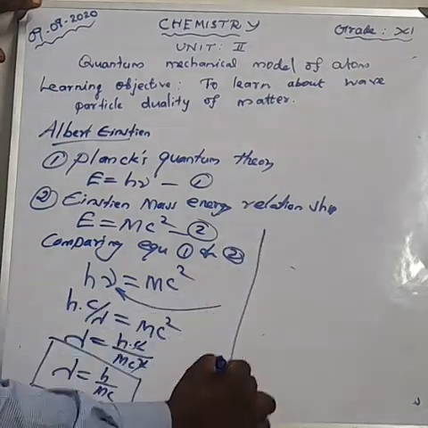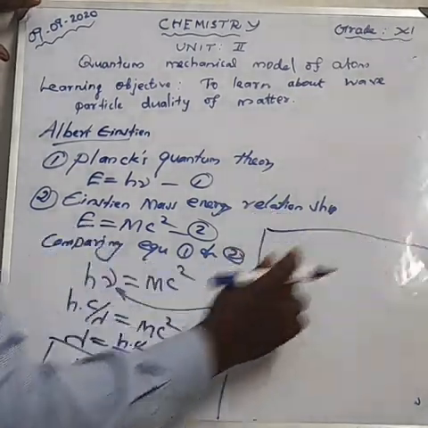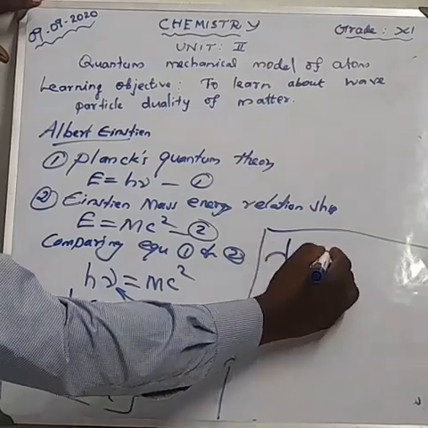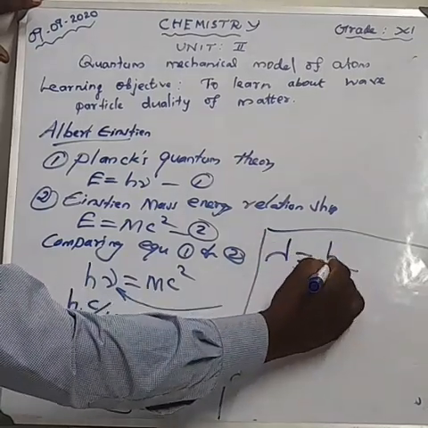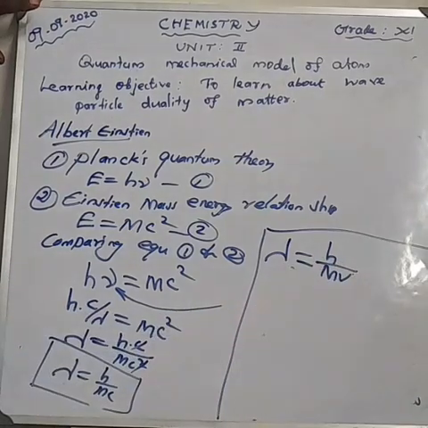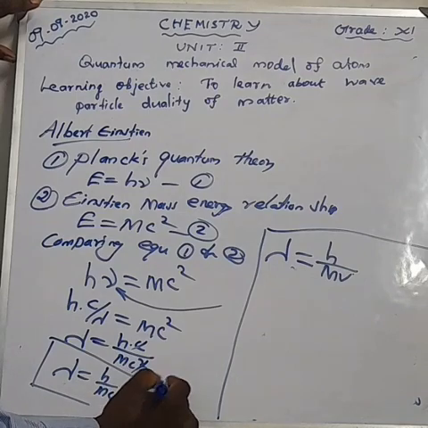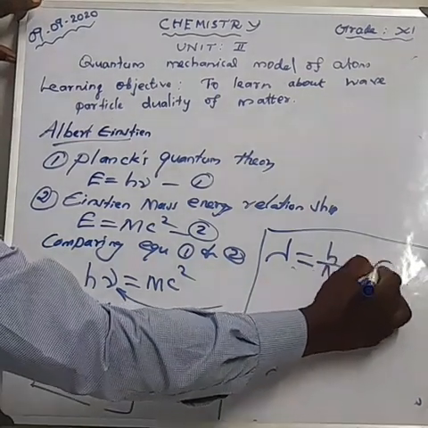The above equation can be written as lambda is equal to h by mv, that is mass into velocity. This is the third equation and this is the fourth equation.